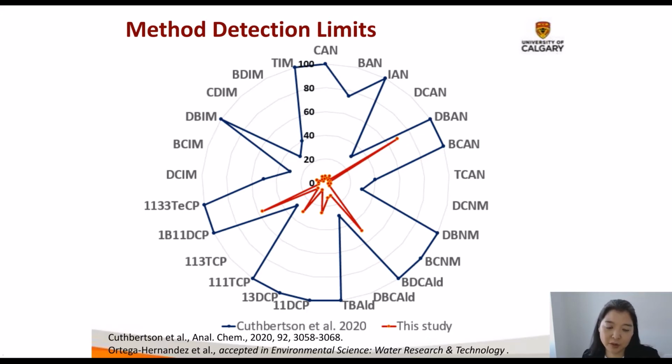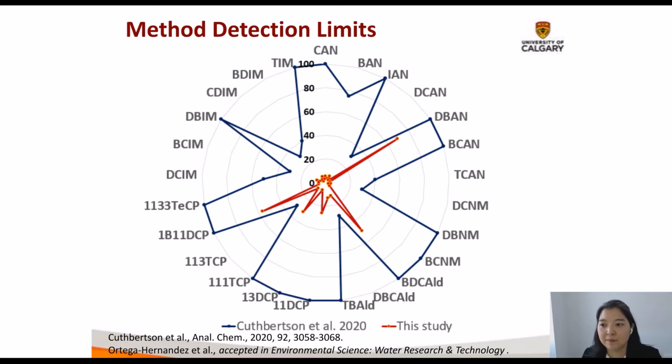This is the previous study that we compared. So these are the method detection limits from the previous study, as well as our current study. The method detection limits for our method were between 2 and 68.9 nanograms per liter.